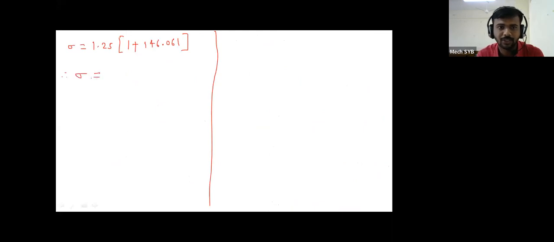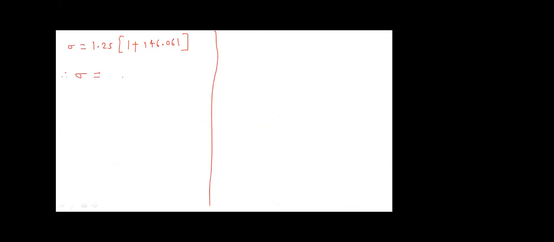And now the next calculation is very simple. 1 plus 146.061 into 1.25. So what will be this answer, sigma? 183.826 Newton per mm square.